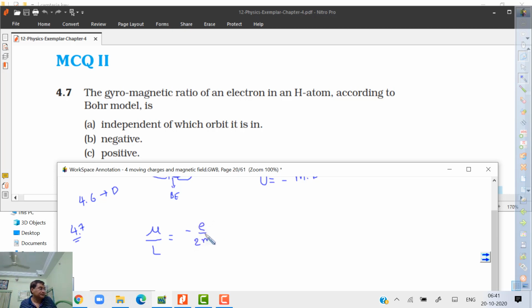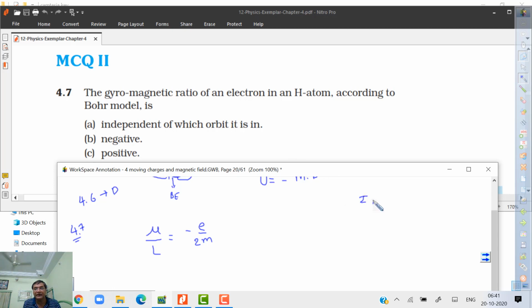You may remember it; if you don't, remember it. e is the charge of the electron and m is the mass of the electron. Mu is the magnetic moment, L is the angular momentum. So when you derived it, at that time you took this motion of the electron. Because of the electron motion you get the current, so you can calculate the magnetic moment, IA.